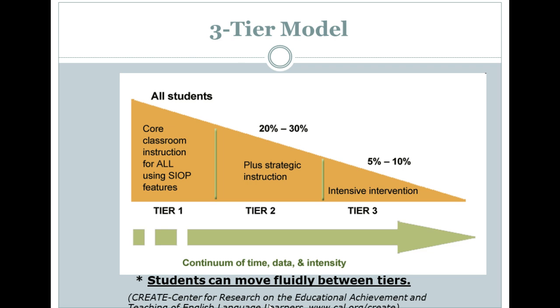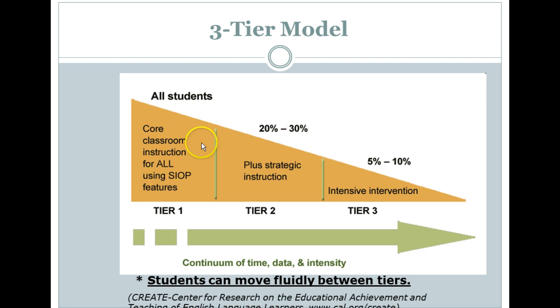But their PD was focused on SIOP, so you'll see SIOP on here, which is just sheltered instruction or strategies for providing effective instruction for English language learners. So this 3-tier model kind of incorporates English language learners there, whereas the next one I'll show you has special education with it.